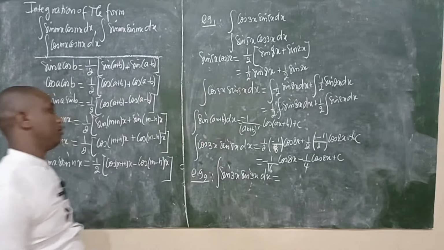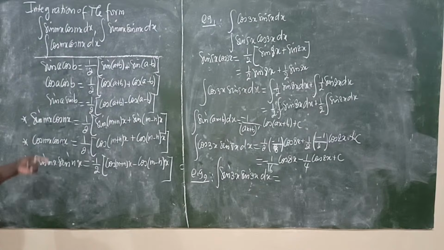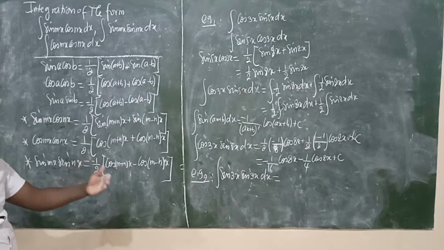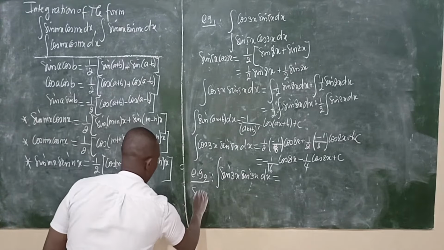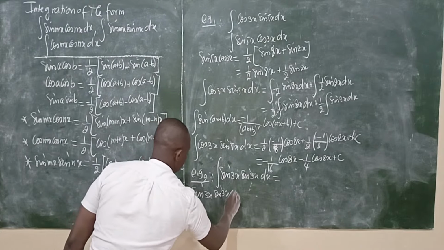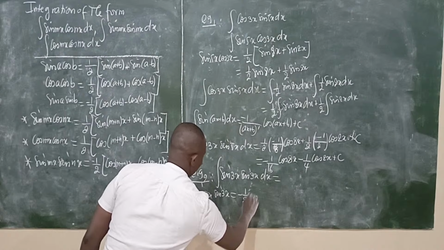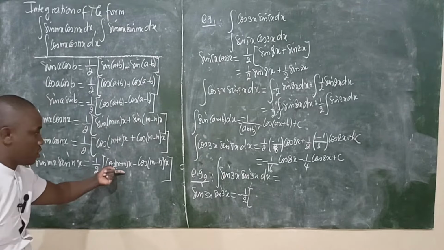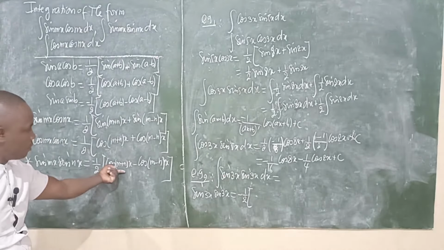We know this is sine mx sine nx, that is minus half. So we need to transform sine 3x sine 3x.